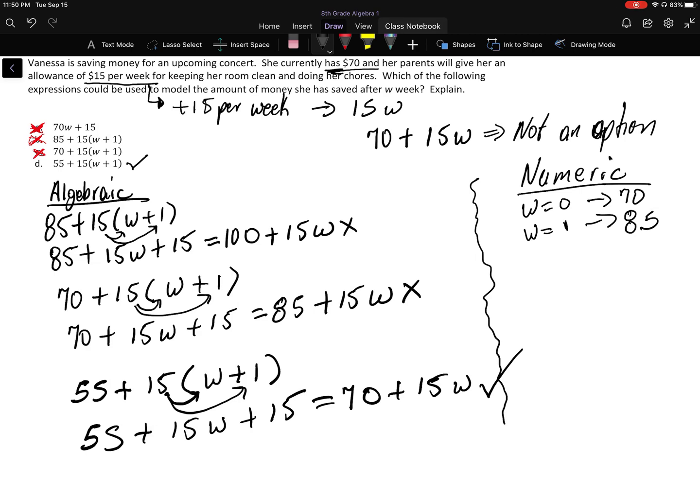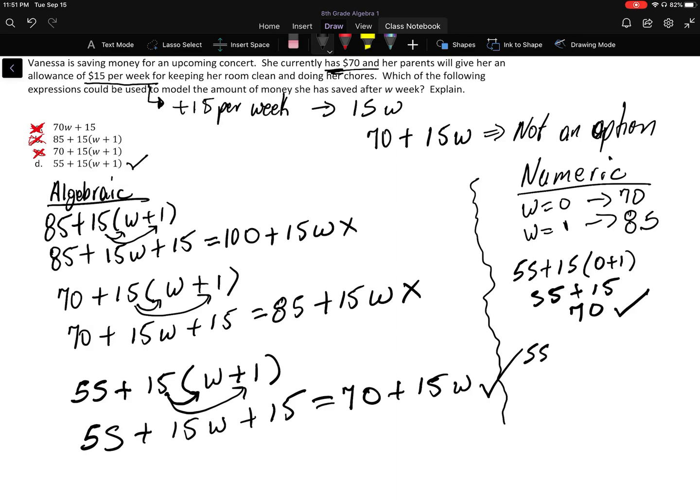In that equation, it's 55 plus 15 times (0 plus 1). So 0 plus 1 is 1, and 55 plus 15 is 70. It checks for 0.